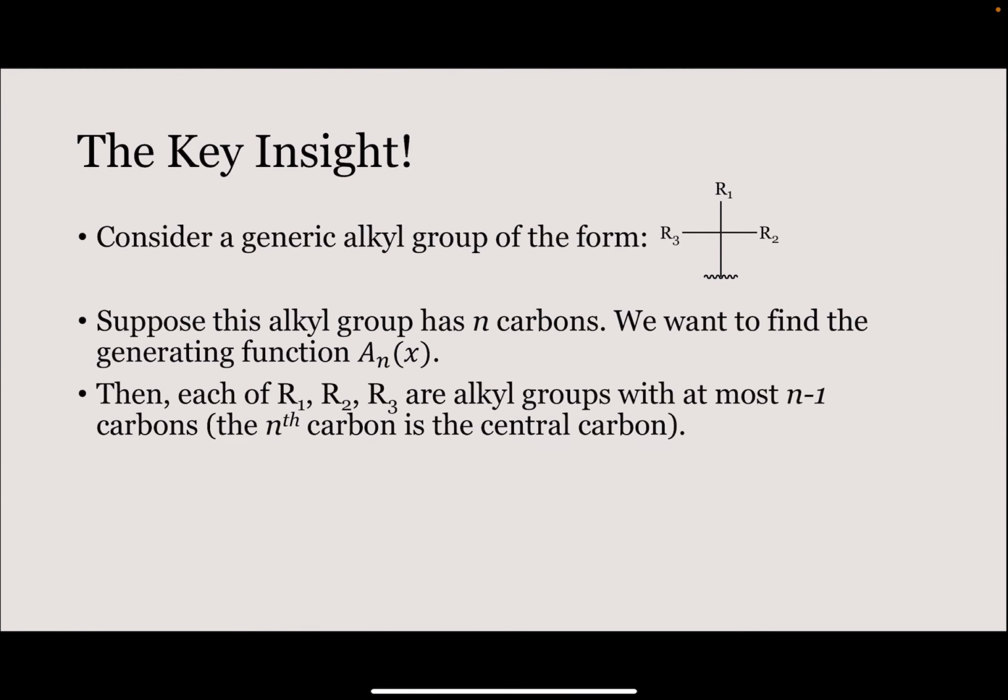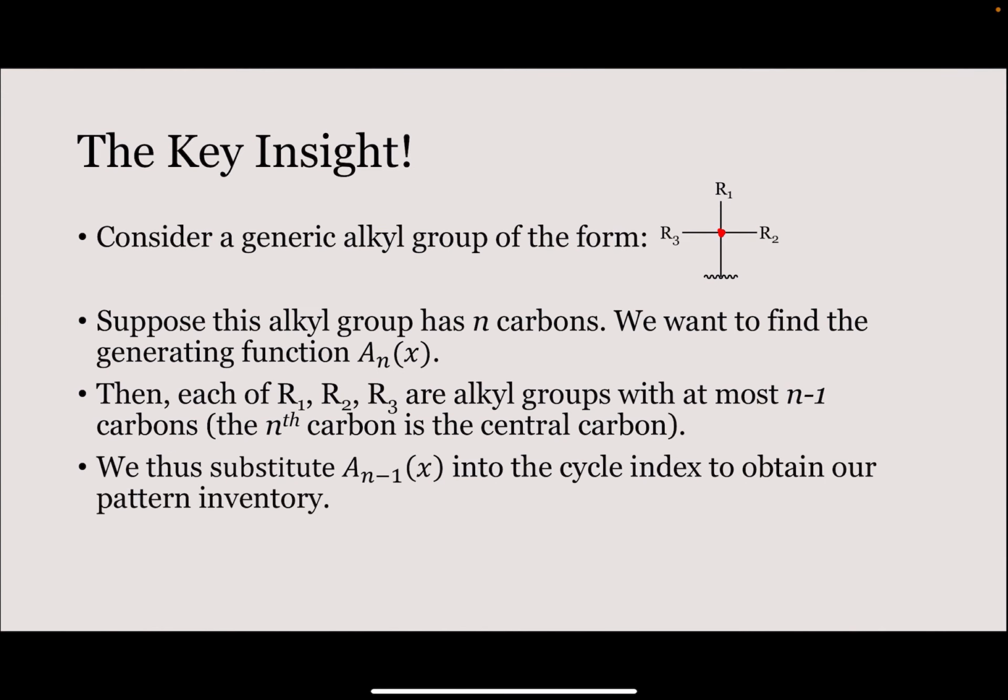The key insight is that each of these groups, R1, R2, and R3, are actually going to be alkyl groups in and of themselves, each of them having at most n-1 carbons. The nth carbon, of course, comes from the central carbon in the middle. What we can do, therefore, is a substitution where we substitute a_{n-1}(x), which is the generating function for the number of alkyl groups with n-1 carbons. That's what we're going to sub into our cycle index to obtain our pattern inventory, i.e. our generating function.